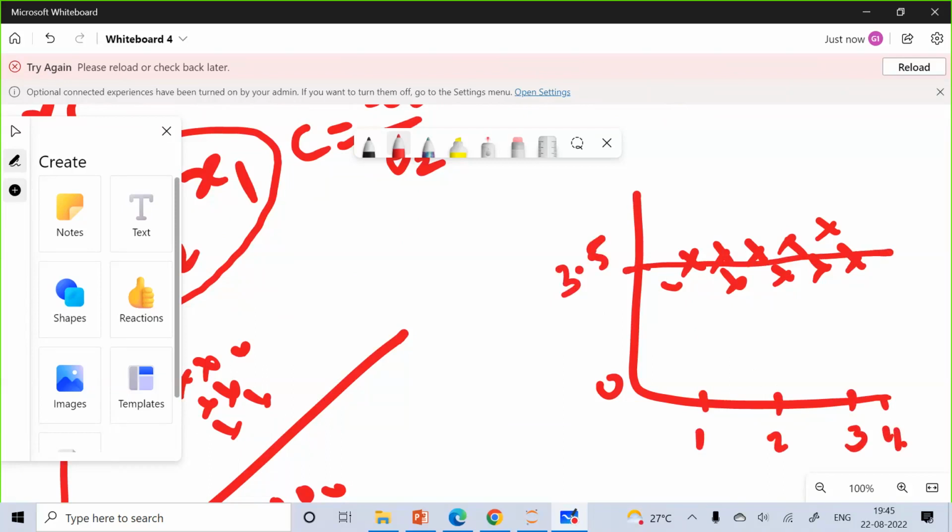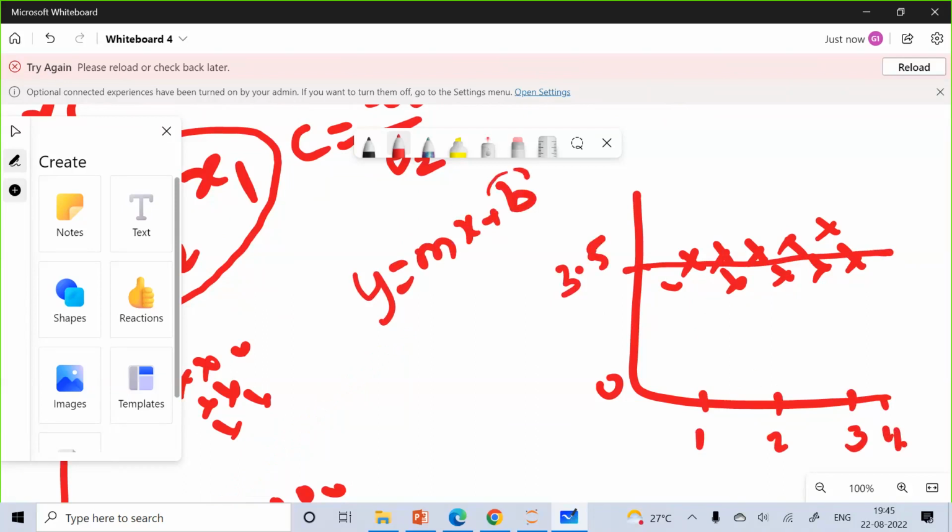Yes, sir. Now let's say this line equation is y equivalent to mx plus b. If there is no bias term here, b equivalent to 0, it means y equivalent to mx. For what value of m can this capture the pattern? It cannot capture that pattern, right? Take m equal to 1.